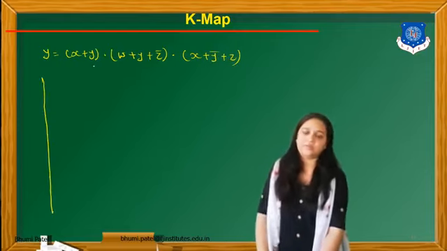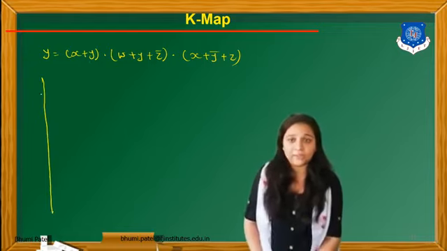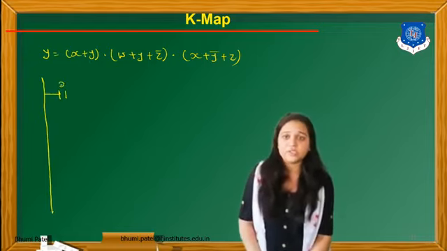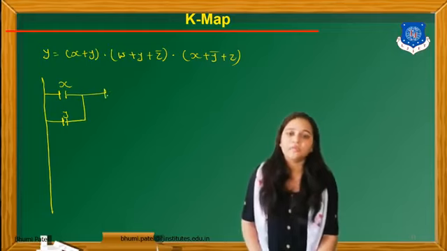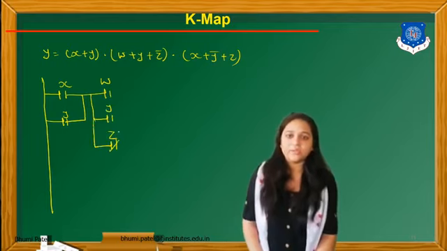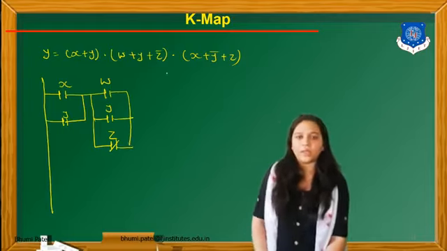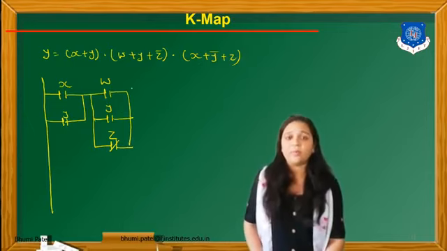So x plus y. So put x and y in the parallel connection. So this is my x input and this is my y input. Okay, then multiplication with w plus y plus z complement. So we can put here w, y, and z complement means normally closed contact. Okay, and then x plus y complement plus z.